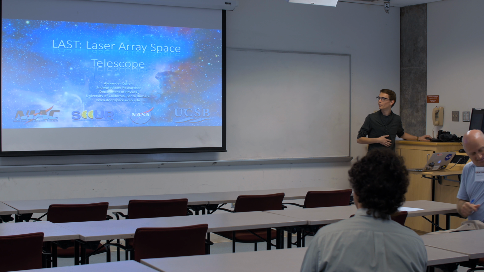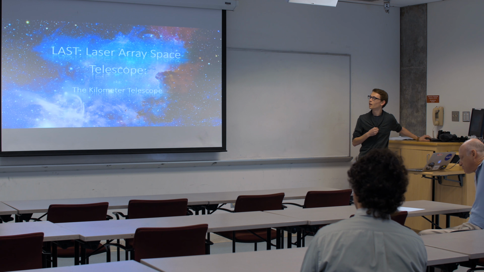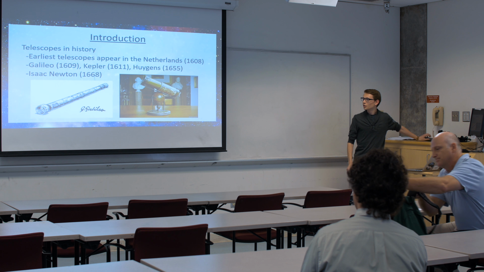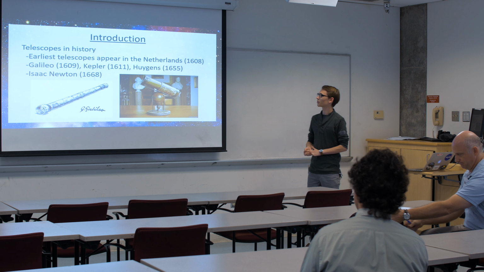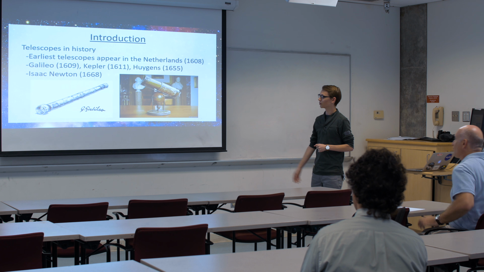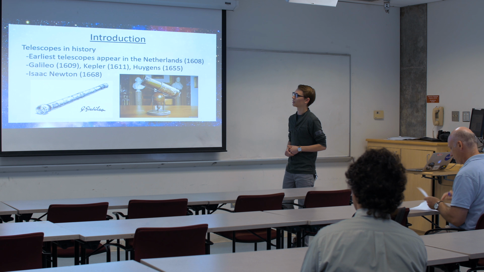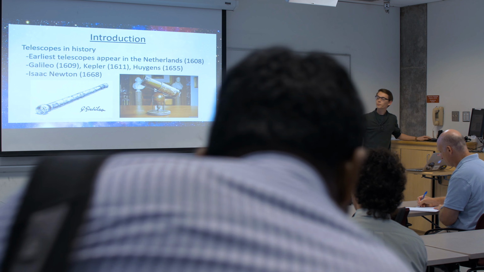Hey everyone, again I'll be talking about a laser array space under development, also known as a kilometer telescope. So just a brief history in telescopes. The earliest telescopes appeared in the Netherlands around 1608 with various other people who contributed greatly to the field, and then Isaac Newton in 1668 is attributed to developing the first reflector telescope.